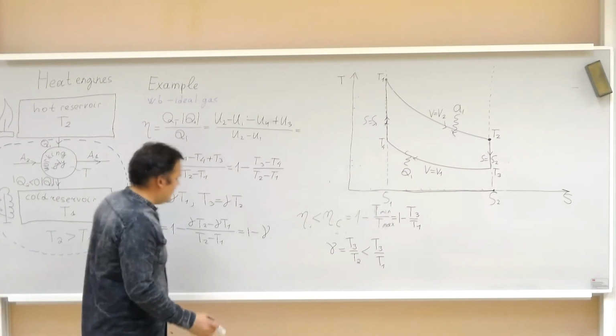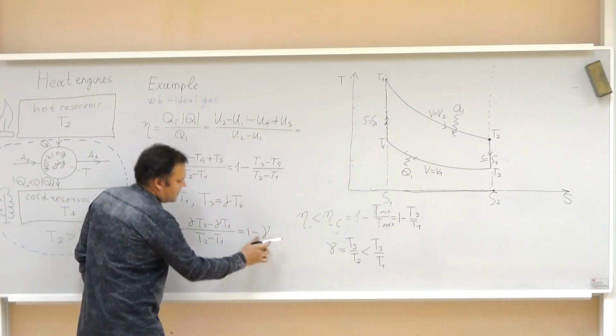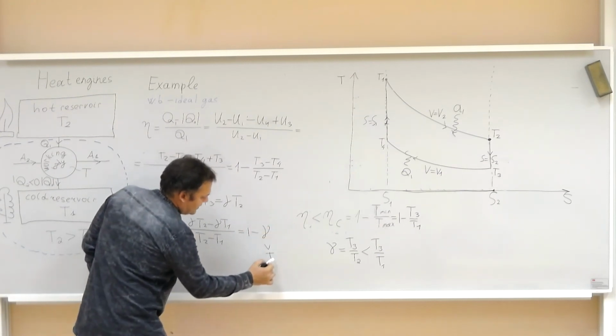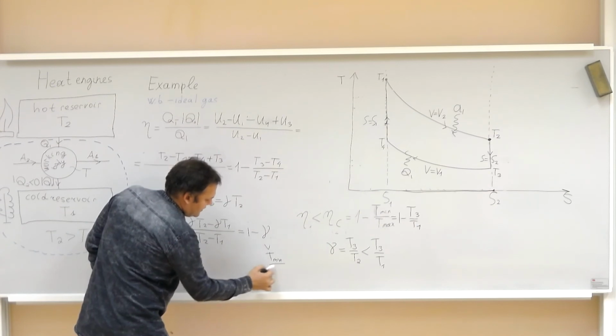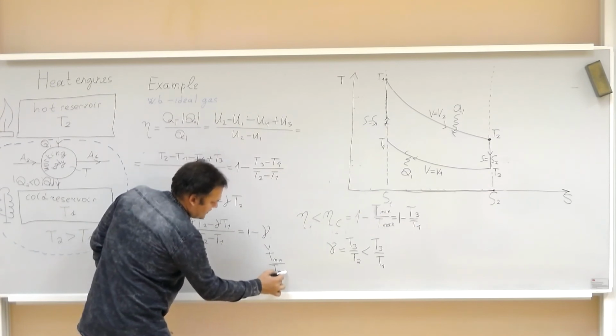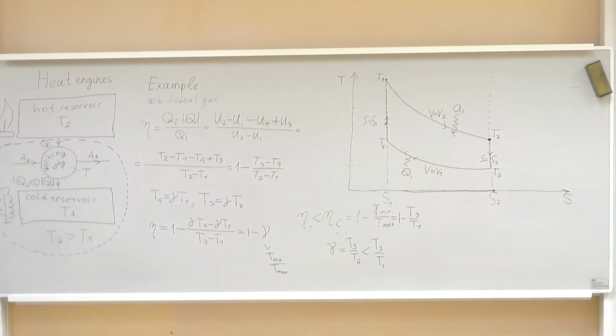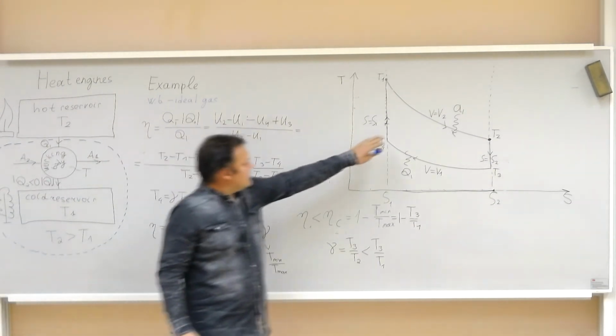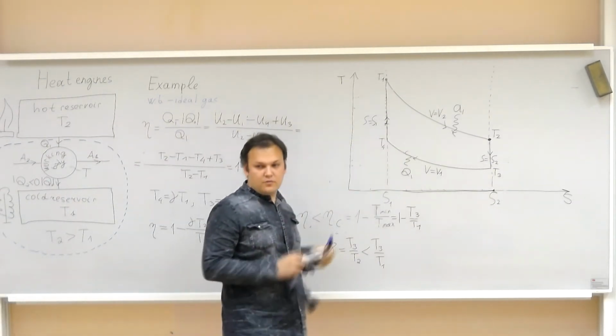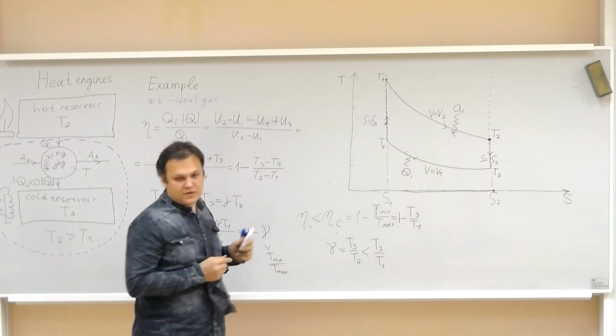This means that gamma is greater than T minimum divided by T maximum. This means that our engine is less efficient than the engine that works on a Carnot cycle.